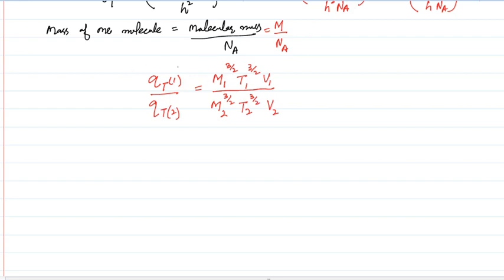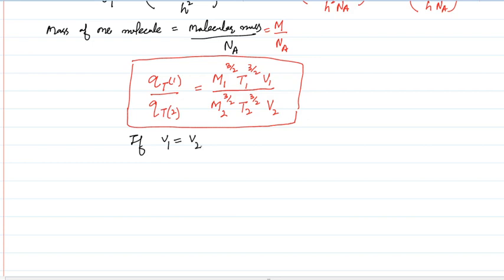So from this discussion basically we got this. Now if we take a situation where the volume is the same, that means V1 is equal to V2 and also temperatures are same, T1 will be equal to T2, then V1 and V2 will go and temperature will go.